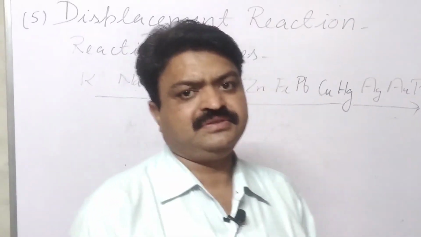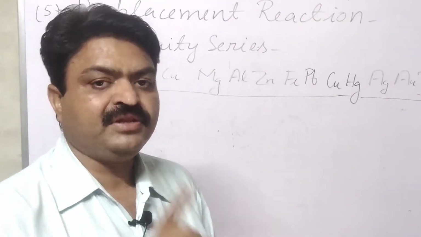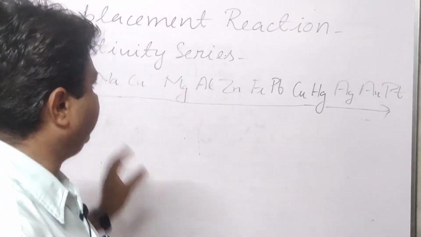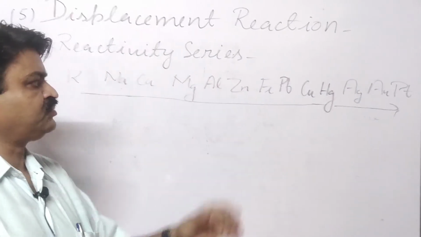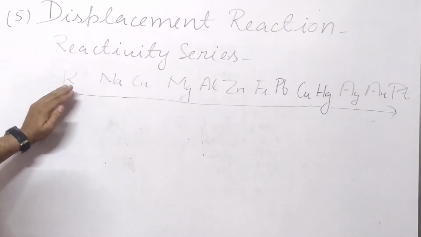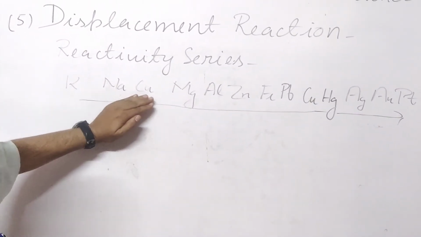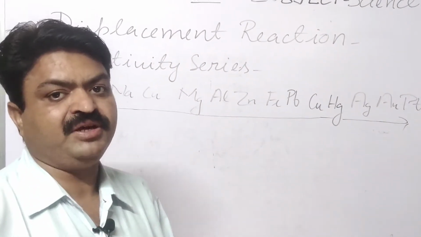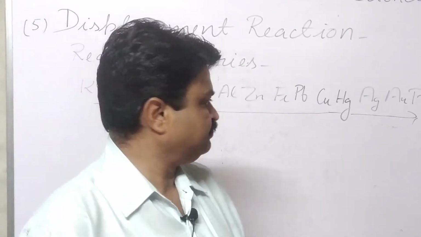If you learn this, then you can easily write the reactivity series. Now it is the descending order reactivity series, student, in which potassium, sodium and calcium come in the category of most reactive metals.